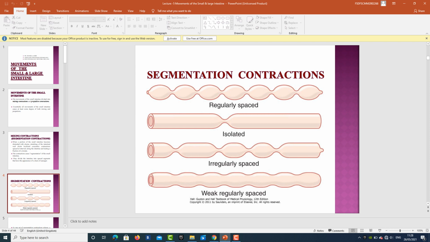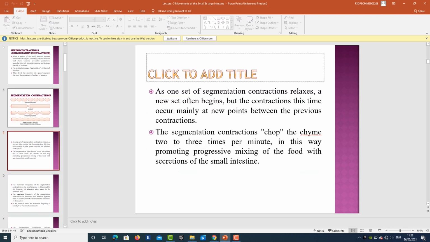They are regularly spaced, though they can be isolated or irregularly spaced. As one set of segmentation contractions relaxes, a new set often begins, but this time at a new point other than that of the previous contraction.